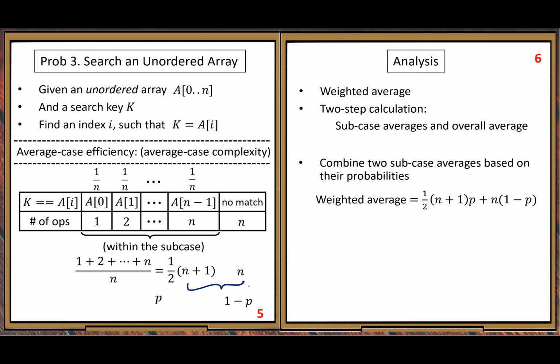The second term, the average number n, multiplied by its corresponding weight, 1 minus P. Then adding these two terms together, we get our final weighted average.